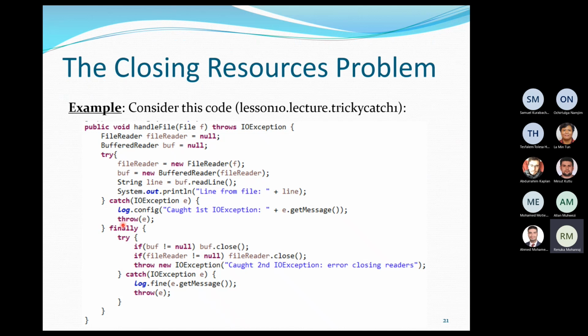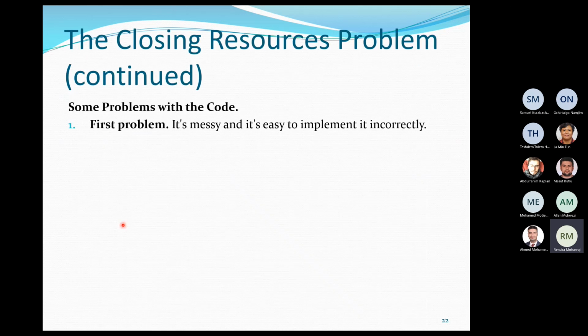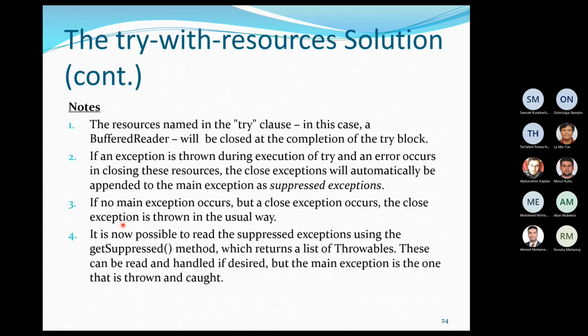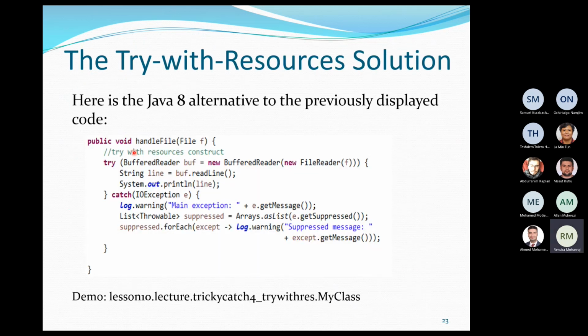Now, whatever resource you open, put it inside your try parentheses. I would like to open a BufferedReader. This is the one that causes an exception: when I create a new FileReader of file F to open a file, this will cause an IO exception. Put that inside the try. This is called try with resources.